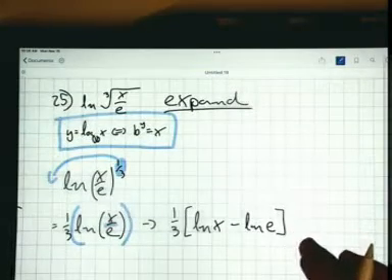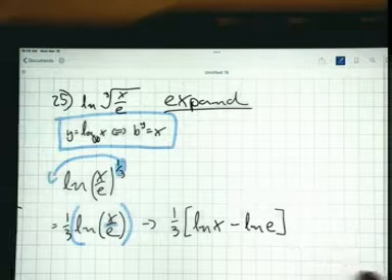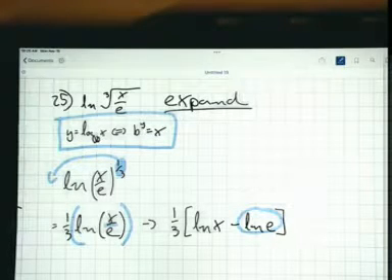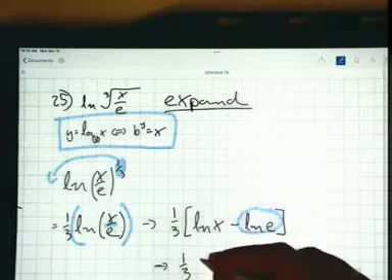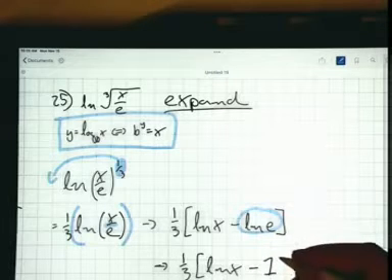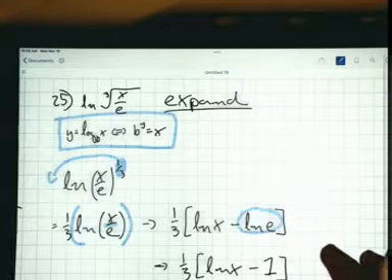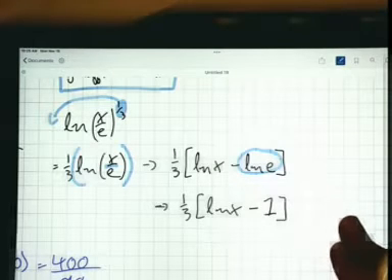Now, there is that part that says, where possible, evaluate the logarithmic expression without using a calculator. Well, I can evaluate the natural log of e, and that just becomes 1/3 times the natural log of x minus 1. Alright, so where do we leave this at?